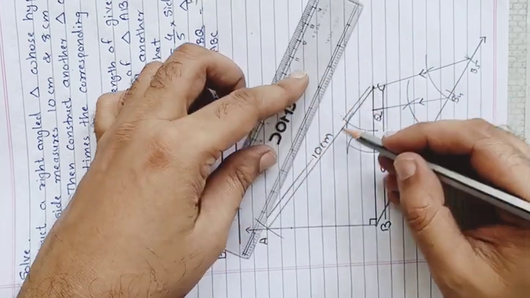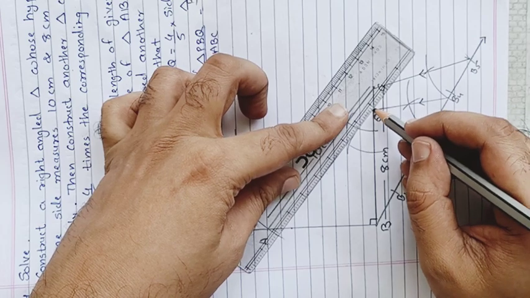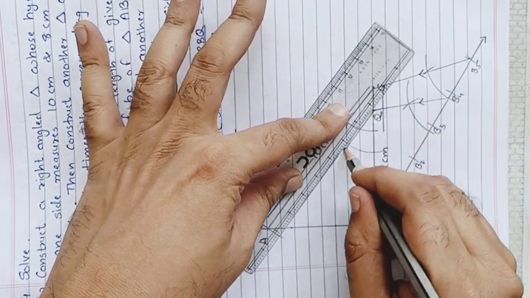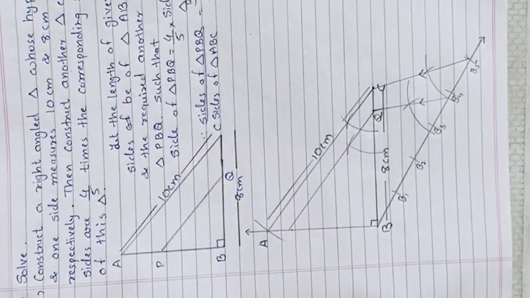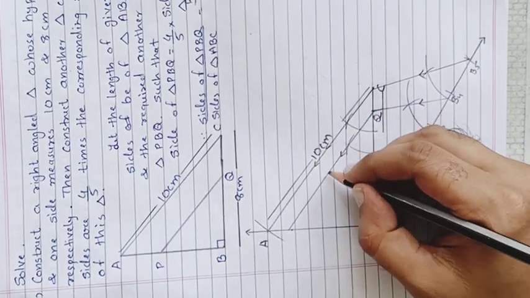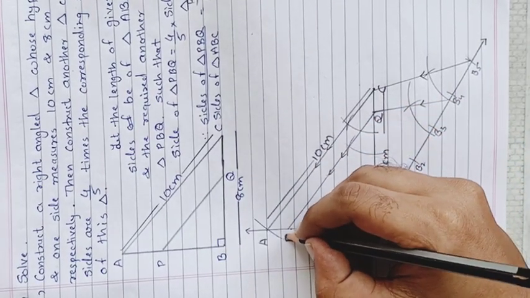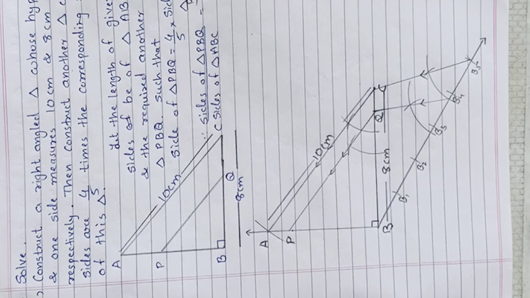You need to see to it that they are parallel. They should look parallel. And this is point P. So this way we have constructed.